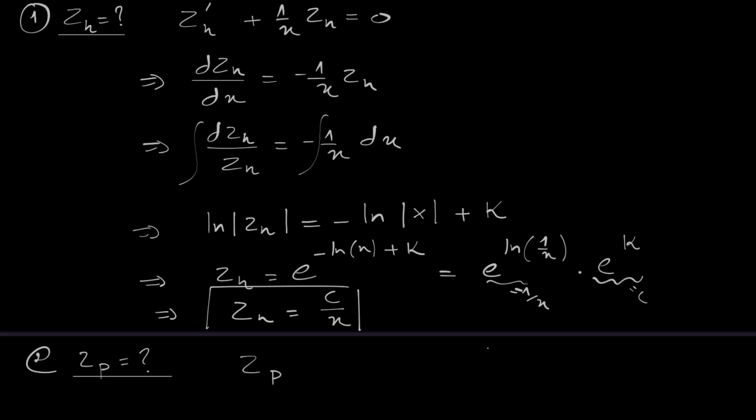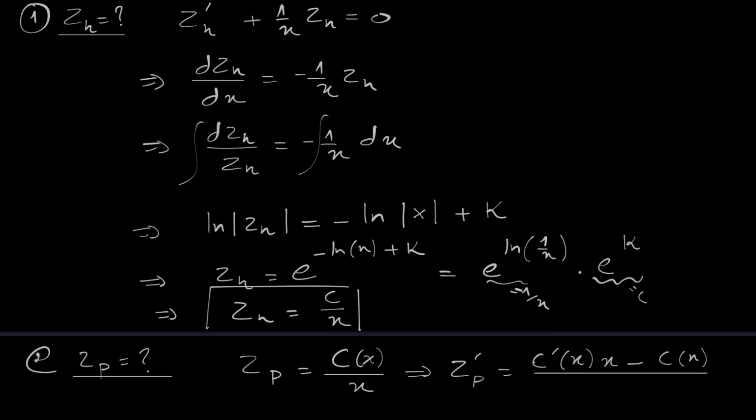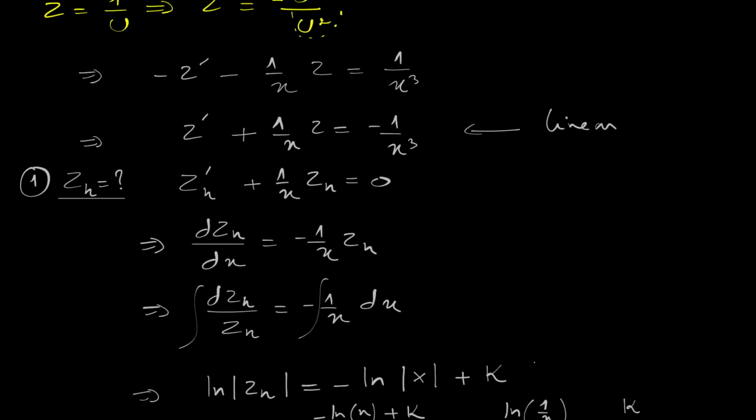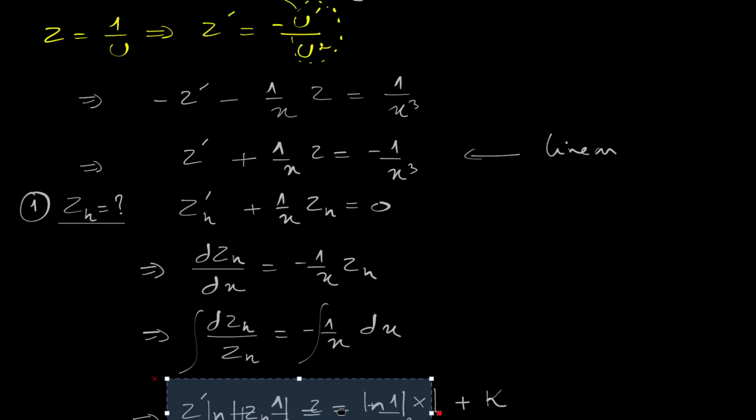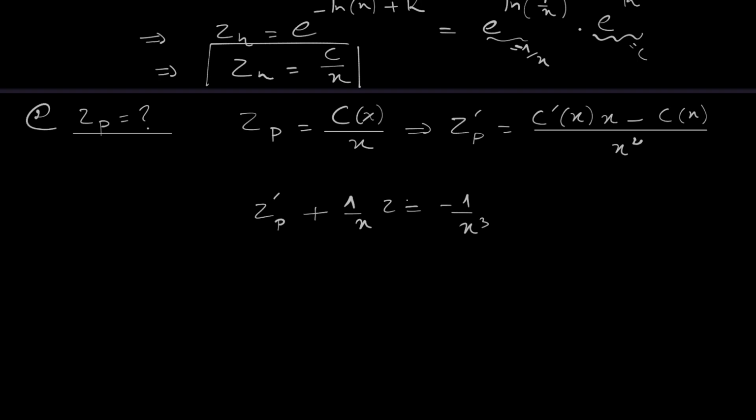We put zp equals c of x over x. Then we calculate its derivative, which is c prime of x times x minus c of x over x squared. I am going to return to our linear equation and replace zp and zp prime by their values.